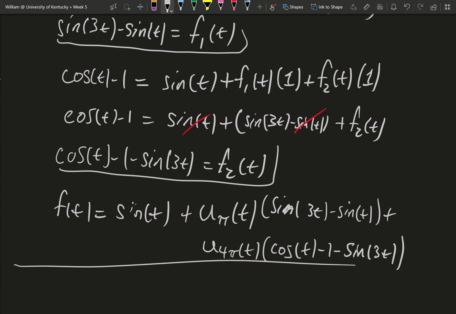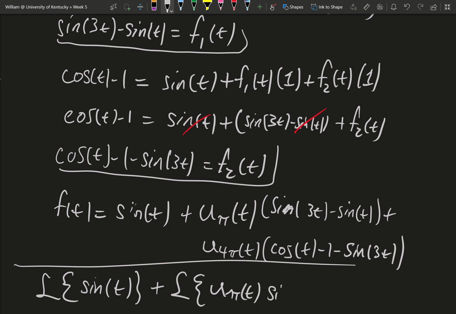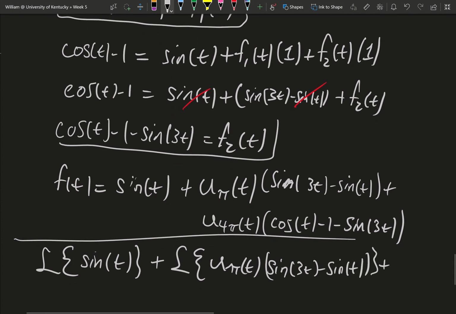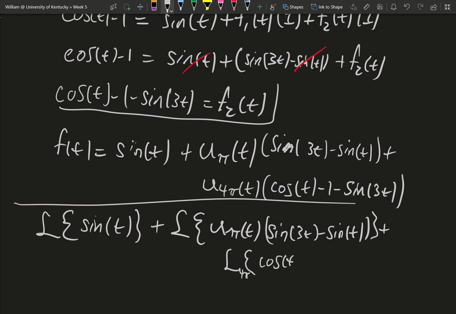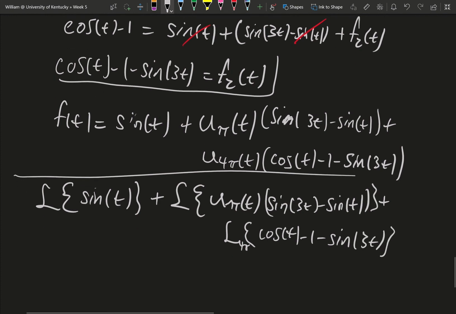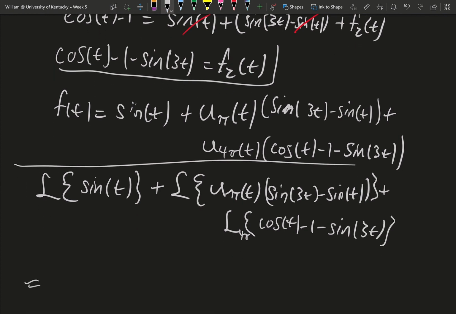We're now computing the Laplace transform. So for this first term, that's just going to be 1 over s squared plus 1.